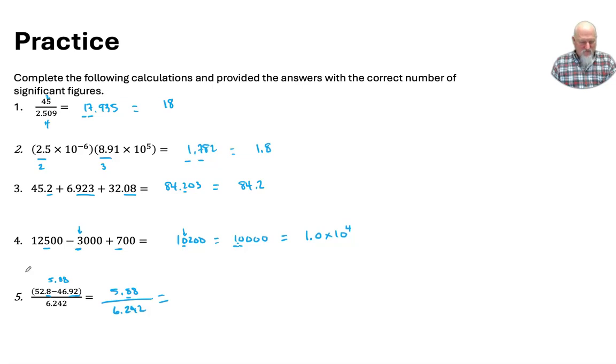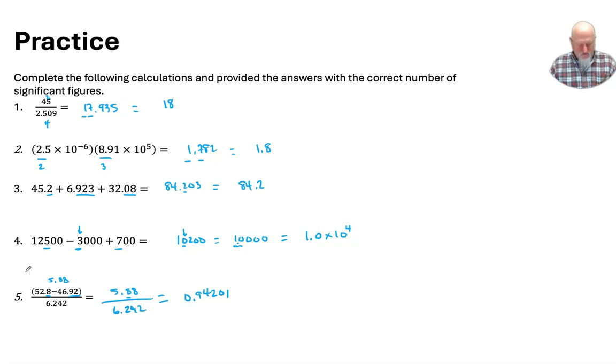I'm going to now divide by 6.242, and I'm going to get 0.94201.